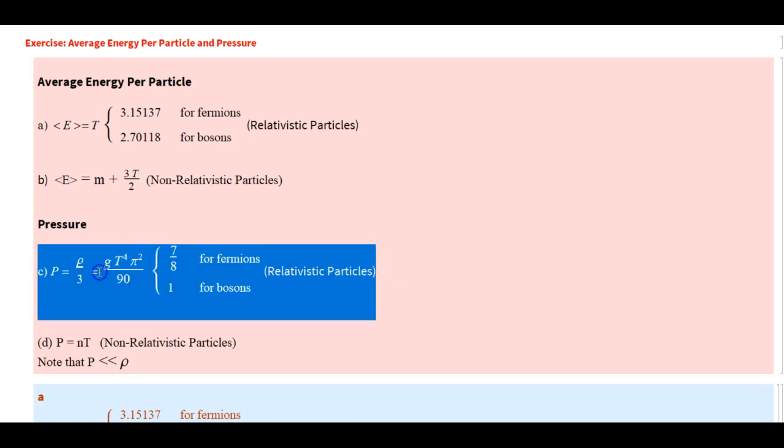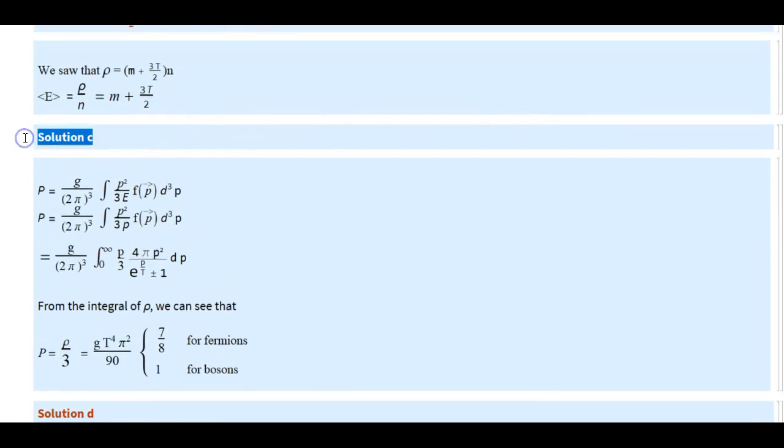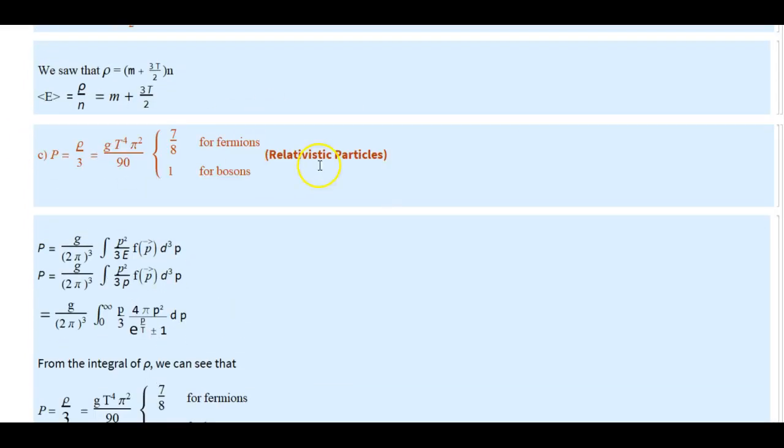Okay, now pressure. Relativistic is very straightforward. This is the pressure in the relativistic regime. Pressure is given by this expression, p squared over 3E times f(p).